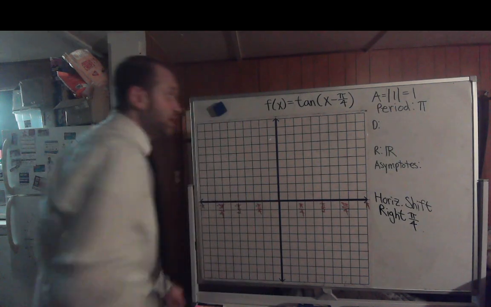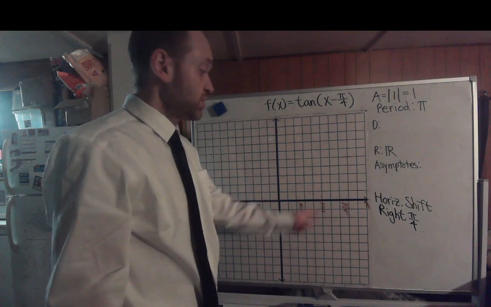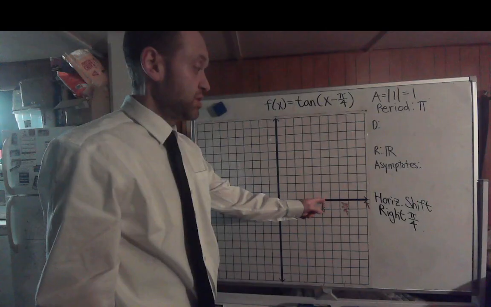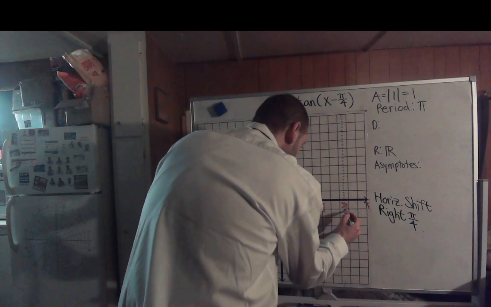What does that mean? Well, consider your normal asymptotes. Pi over 2 is definitely a normal asymptote, so if you shift it to the right pi over 4, you'll be at 3 pi over 4. That'll give you an asymptote at 3 pi over 4. Okay.